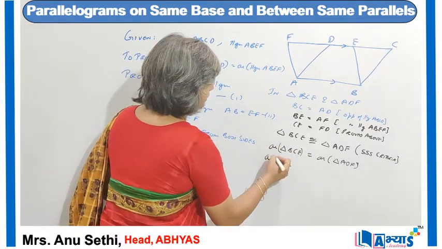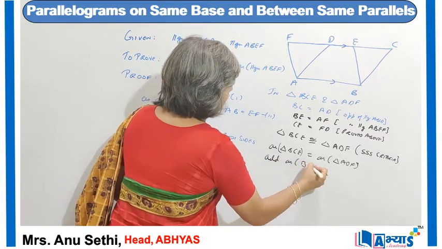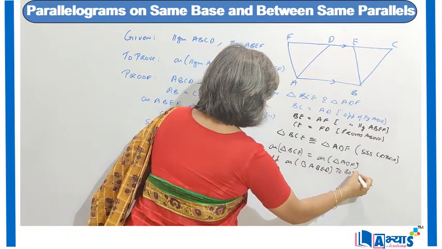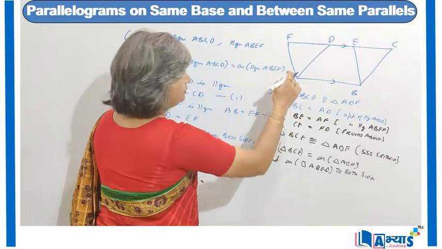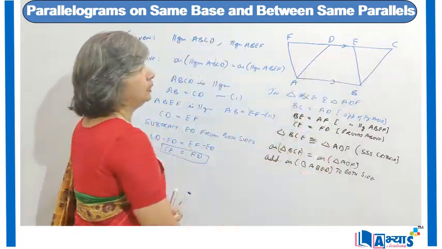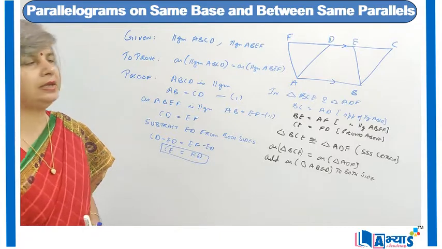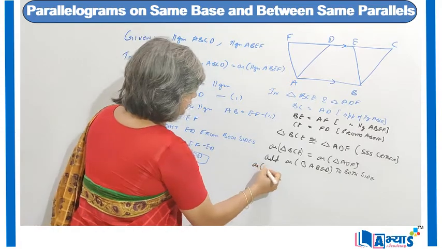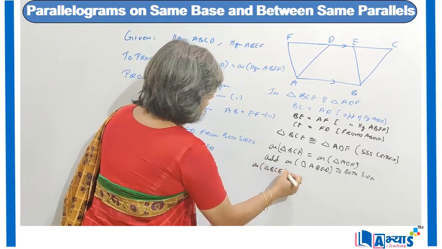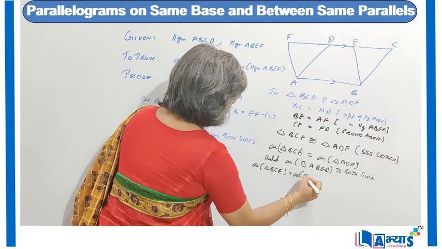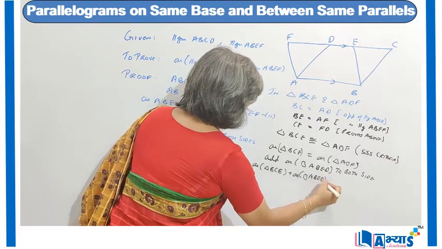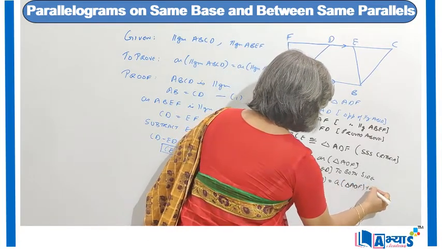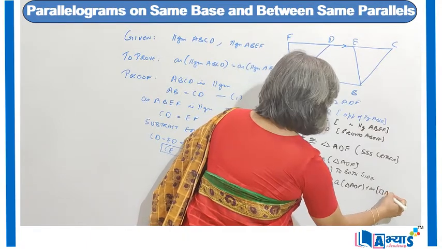Adding area of quadrilateral ABED to both sides. As the area of both the triangles is equal, we are adding the quadrilateral ABED to both sides. So we get area of triangle BCE plus area of quadrilateral ABED is equal to area of triangle ADF plus area of quadrilateral ABED.